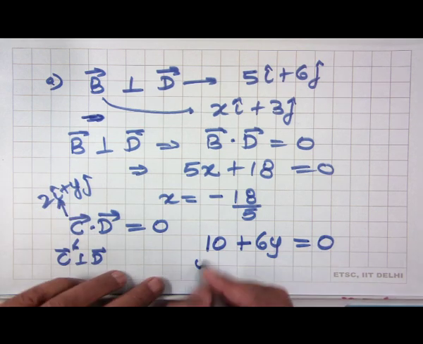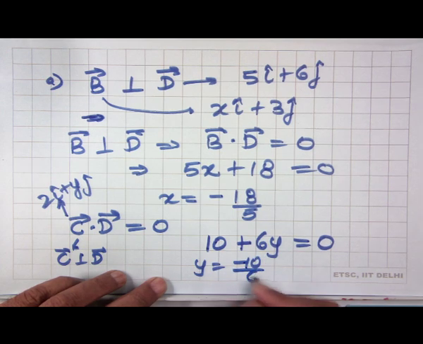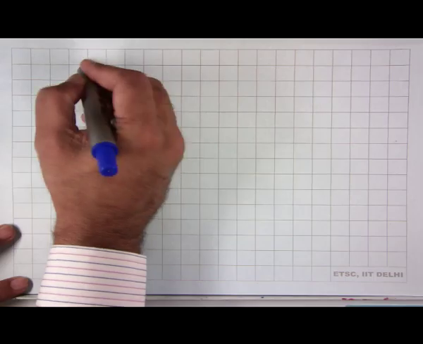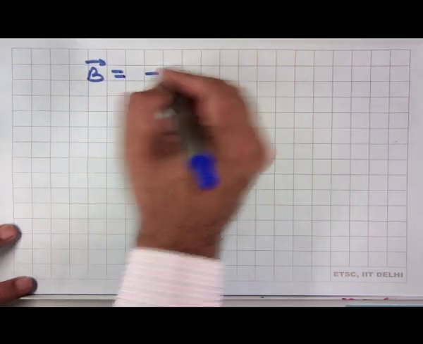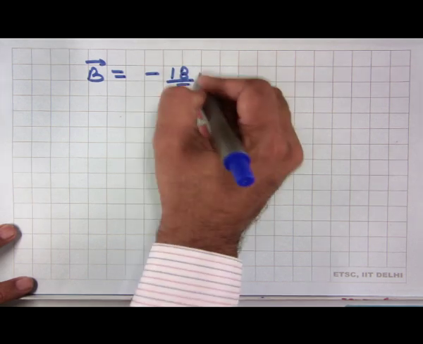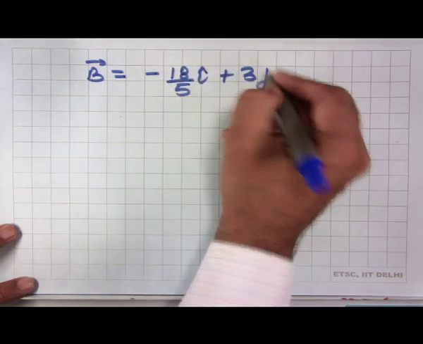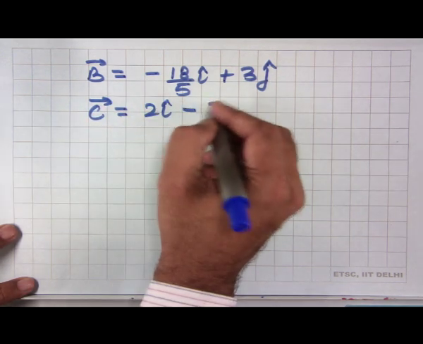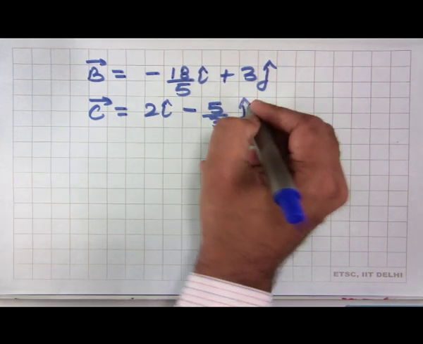So, y is equal to minus 10 by 6, or minus 5 by 3. So, for these values, vector B is equal to minus 18 by 5 i plus 3j and vector C is equal to 2i minus 5 by 3 j.